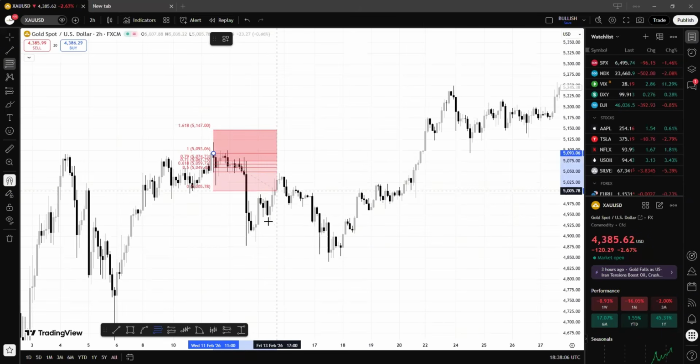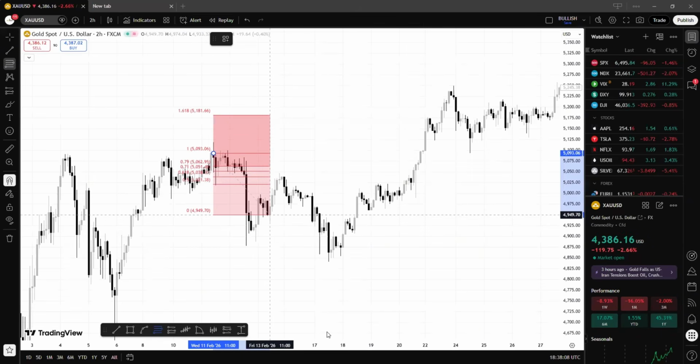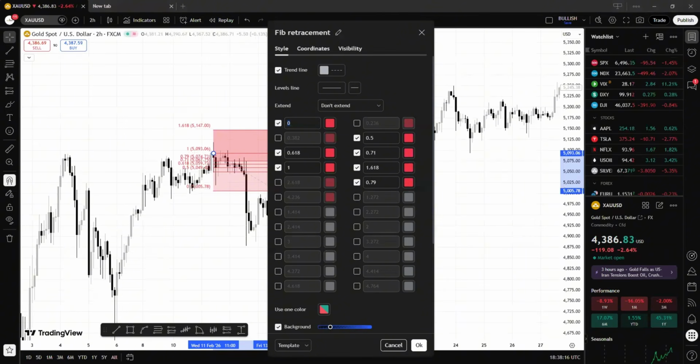Okay, I think I'm forced to change the program that we use. This one sometimes lags. So let me do this. Let's open our derivative TradingView and use that one.